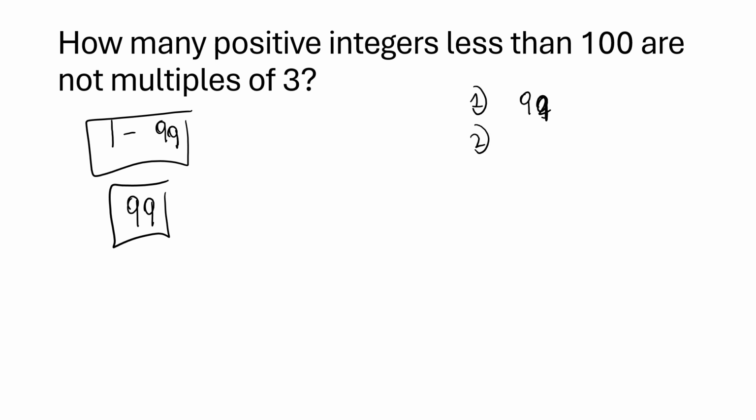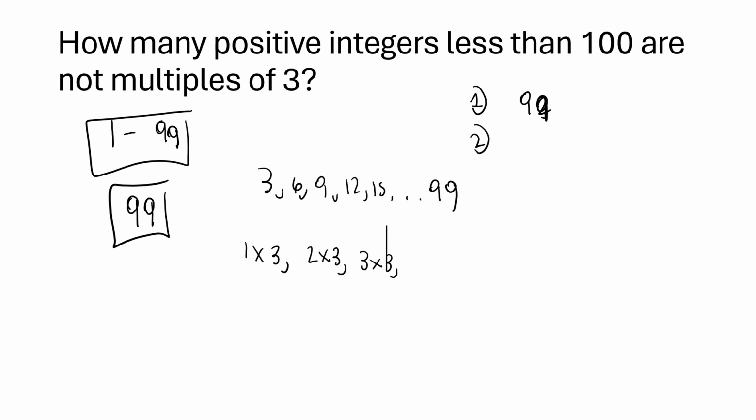Step 2, we need to find the number of multiples of 3 below 100. The multiples of 3 below 100 are 3, 6, 9, 12, 15, all the way to 99. Notice that this is just 1 times 3, 2 times 3, 3 times 3, 4 times 3, all the way to 33 times 3. So what we're basically counting is just the list 1 to 33.